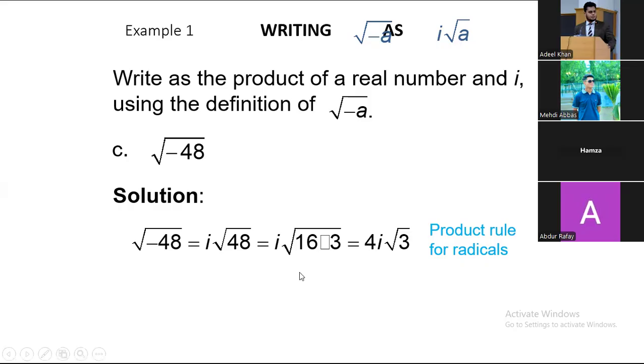The square root of 16 is 4, and the square root of 3 remains as square root of 3. So this expression, the square root of minus 48 as a product of radicals, has the answer 4 iota square root of 3.